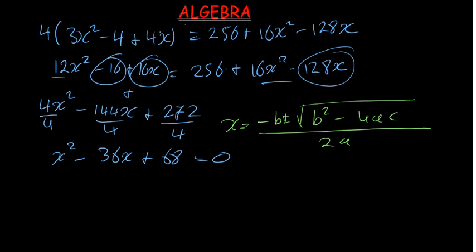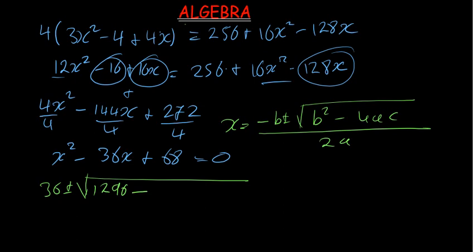Our b is negative, hence it will be positive when you place it there. So that will be 36 plus or minus the square root of 36 squared. 36 squared gives us 1296, minus 4ac.